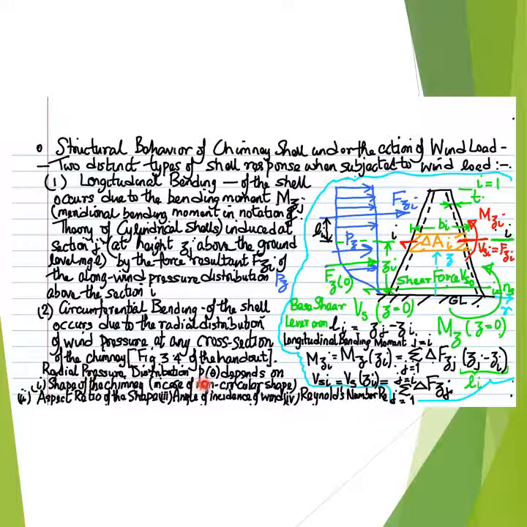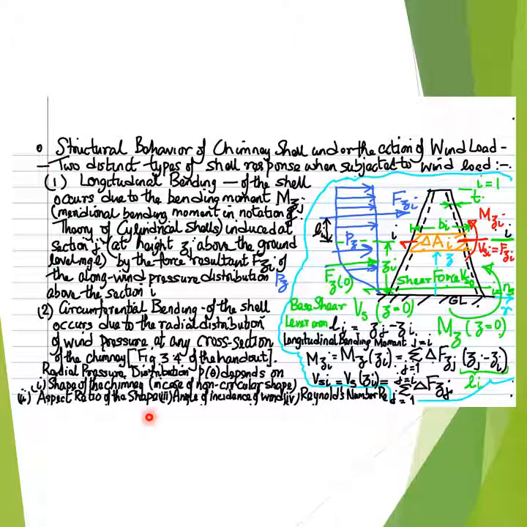However, in general, the radial pressure distribution due to the wind over the circumference or the periphery of any industrial chimney will also depend on the cross-sectional shape of the chimney, which may be non-circular in general.